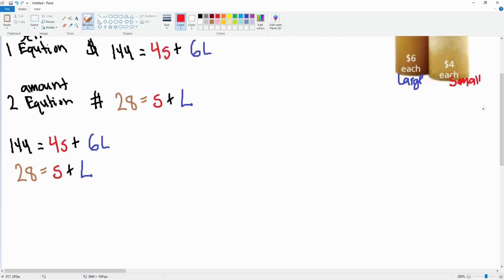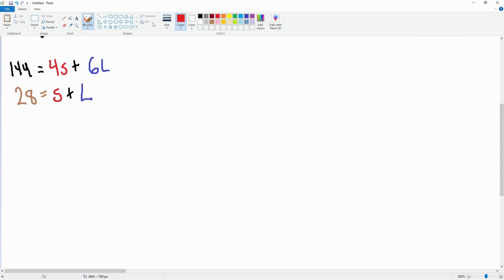Okay, all right. So now we can solve. Notice that there is a 4S here and an S here. So what I'm going to do is multiply by -4. Let me move it over so we could have more room.